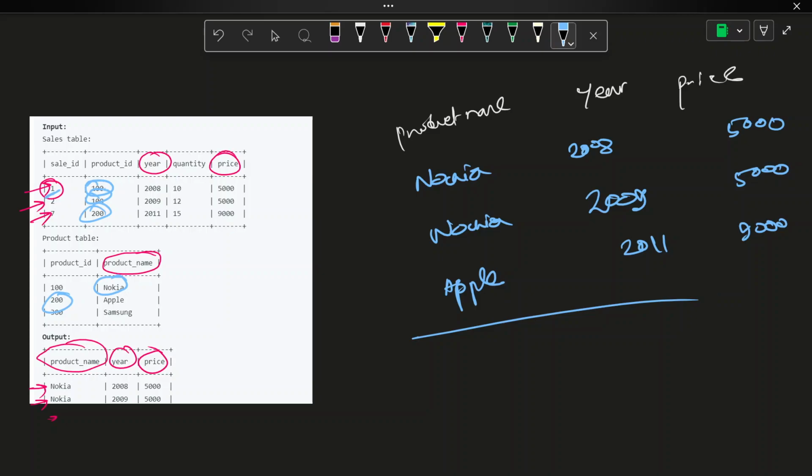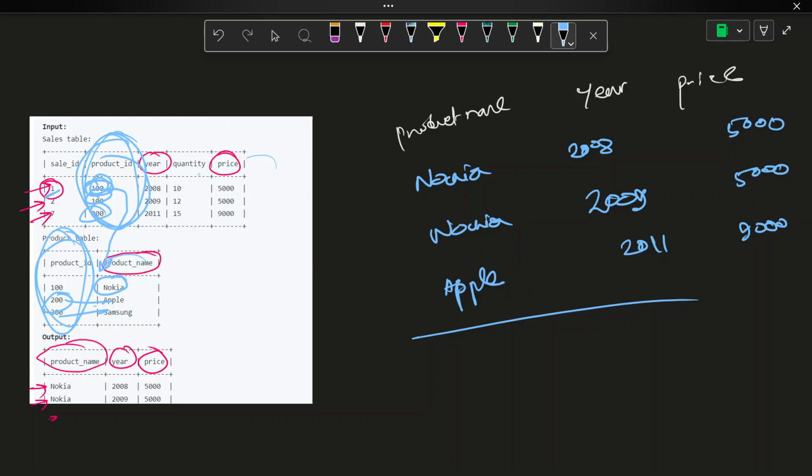So one condition to check: I have to join in this way, 100 means this product, 200 means this product, right? So I will join on the basis of product ID, because the common thing here is product ID. If product ID is the same, then I will attach the product name to the corresponding row of the Sales table.